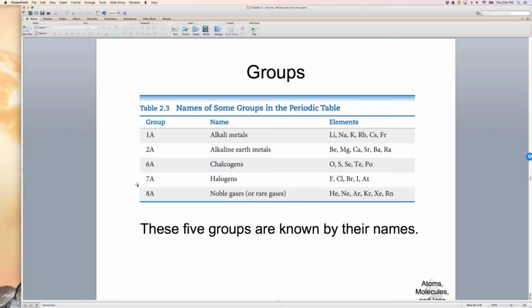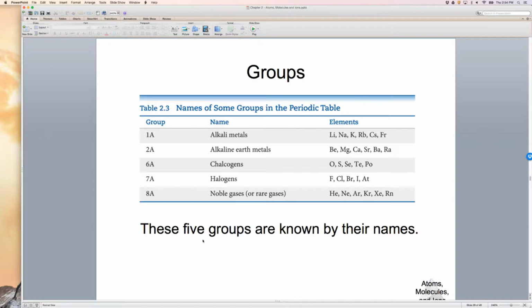The alkaline earth metals are in group 2, which is the second column to the left, and that second column contains beryllium, magnesium, calcium, strontium, barium, radium. You need to know these names based on a given element. If you see an element, you need to know the name.